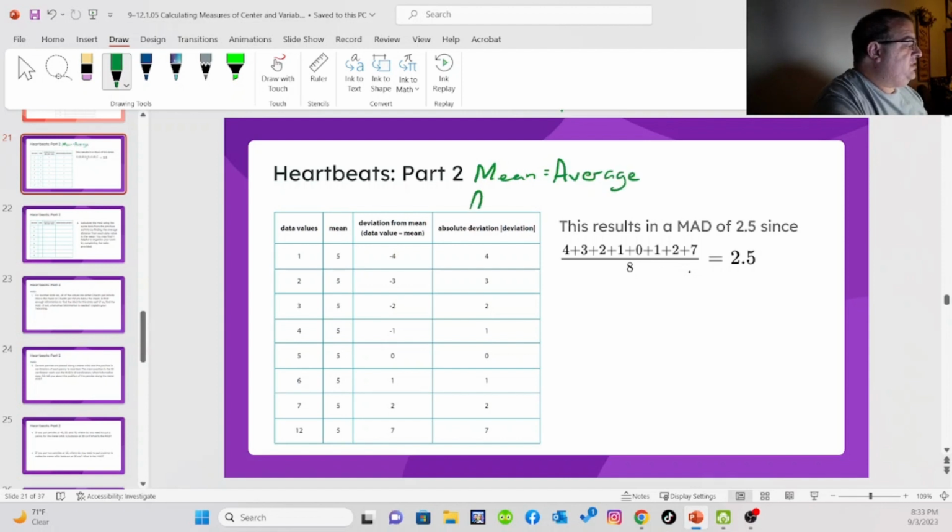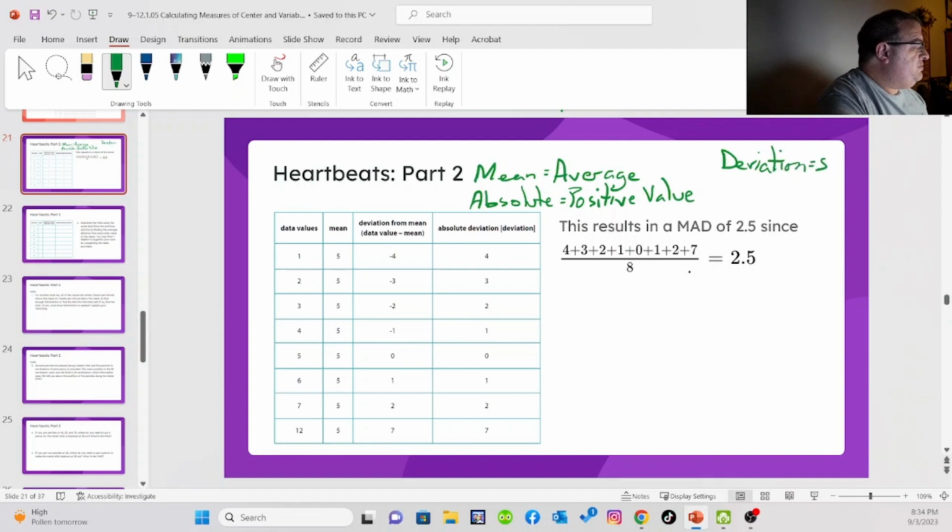We have absolute, which in math means positive value. And we have deviation, which means spread. So that's exactly what we're calculating here.